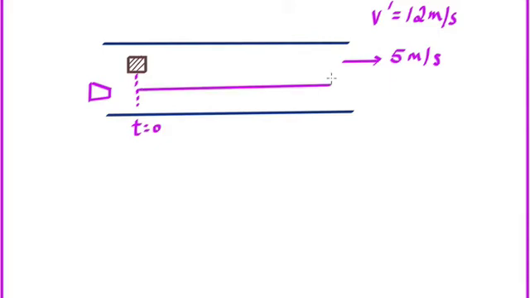At the end of 20 seconds, it turns around and starts moving back. Of course, when it's moving back, remember its velocity is going to be 12 minus 5, so 7 meters per second to the left. But in the meantime, the raft has been drifting to the right, so at a certain time, the raft and the boat cross each other once again.